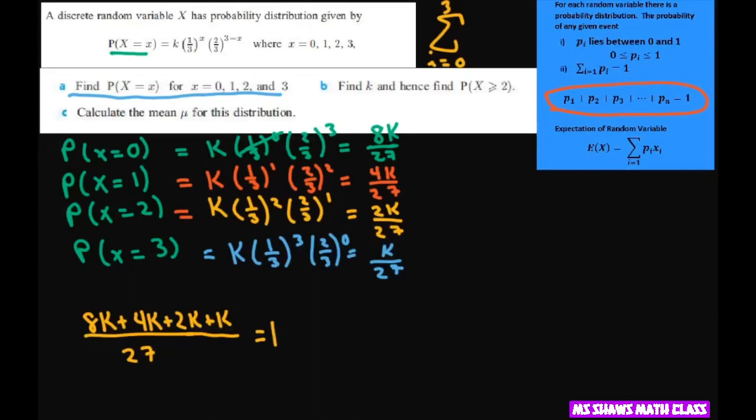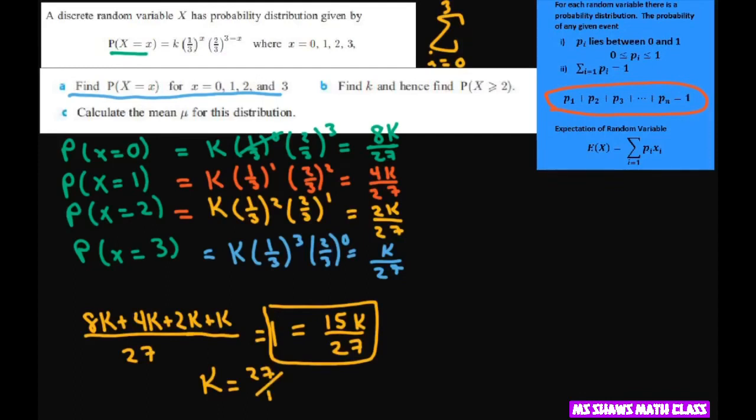So this is going to go to 12, 13, 14, 15. So it's going to be 15k divided by 27 equals 1. So k is just going to be 27 divided by 15.